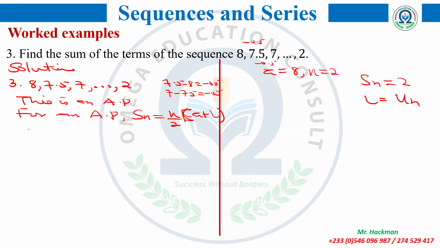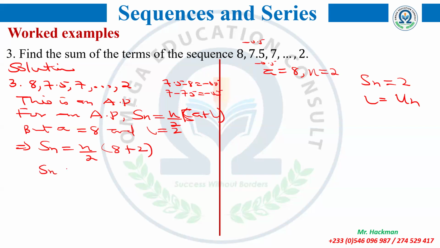You know your A is equal to 8, and your L is equal to 2. You don't know your N. So now what you can write, this implies that S sub N is equal to N over 2 into your A, which is 8, plus 2. Is that clear?